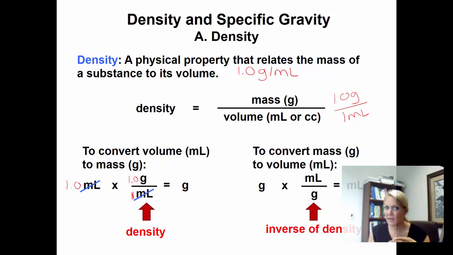You can flip that over just like we've seen with conversion factors, and say that in 1 milliliter there's 1.0 grams. And if you do that, then your grams cancel and you're left with milliliters. So this is what is unique about density, is that it has that mass and volume unit, and we can get from one to the other using it.